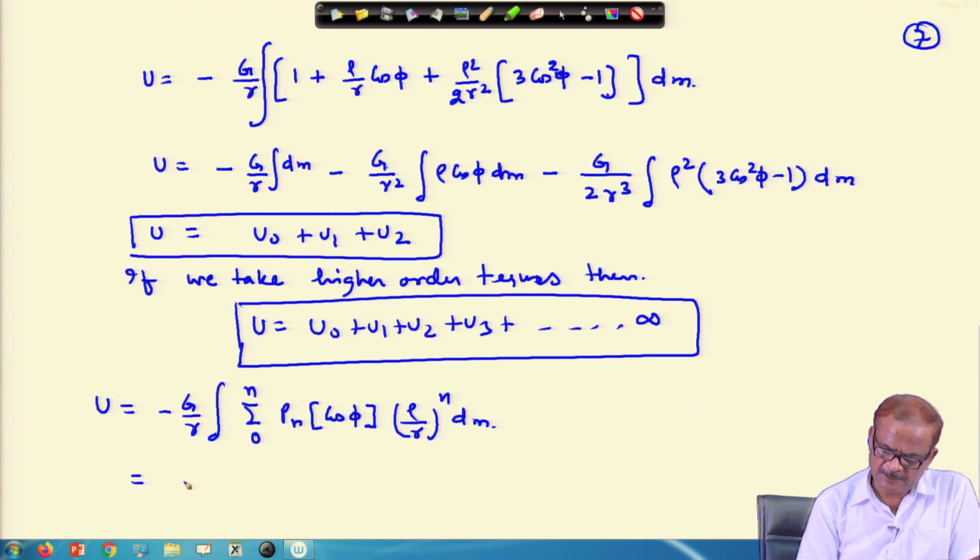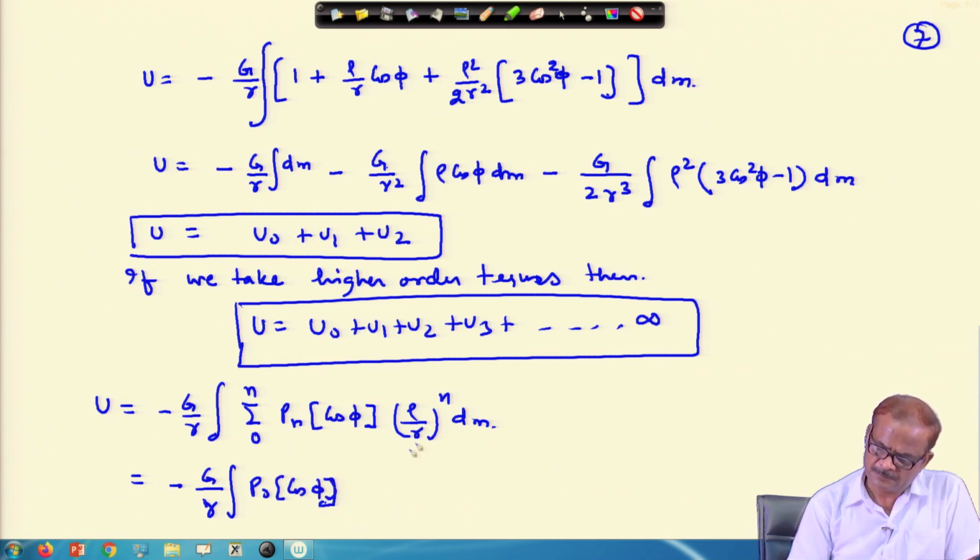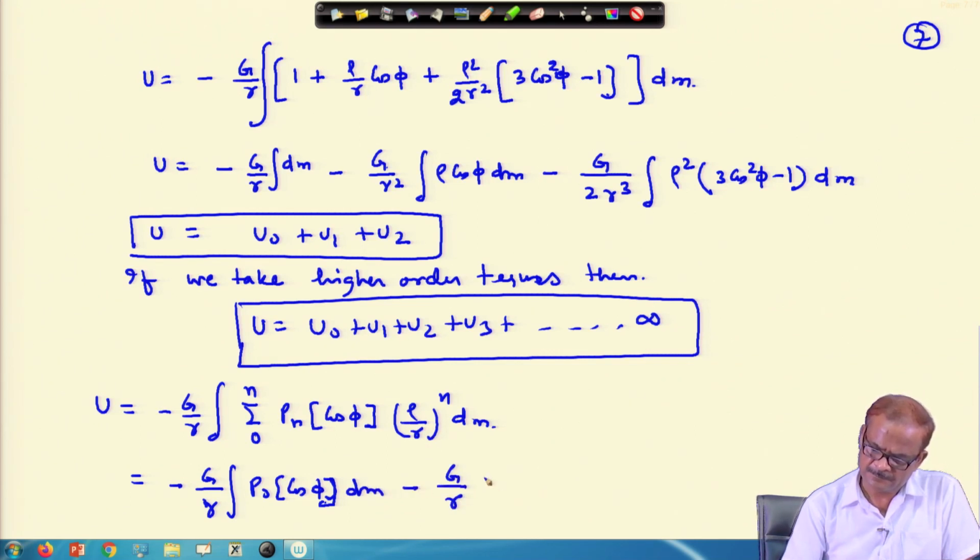So, this implies that the first term, if we now expand it, will be p 0 cos phi dm minus g by r, and the summation we are breaking.